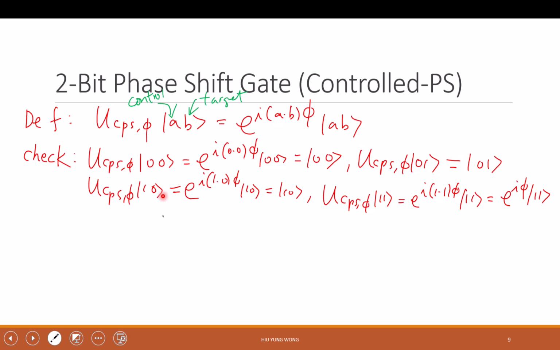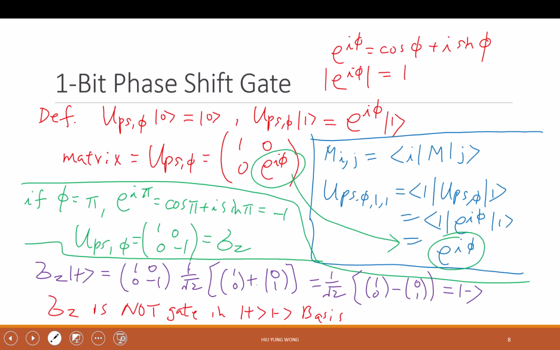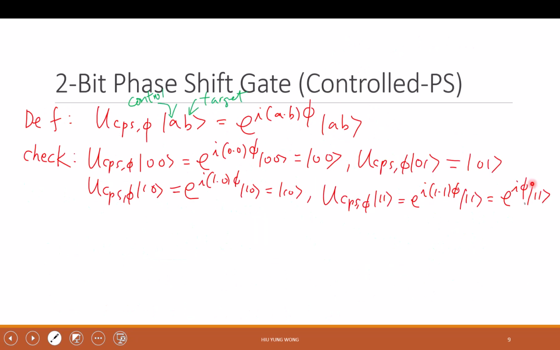But the second qubit is 0, so I again do nothing. So it is still |10⟩. But for this one, the control qubit is 1, so I'm going to apply a phase shift gate to the second qubit. And the second qubit is 1, so I need to multiply it by e to the power i phi. And that's why I get this.